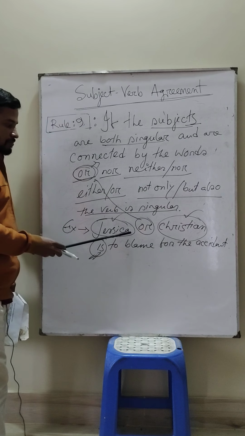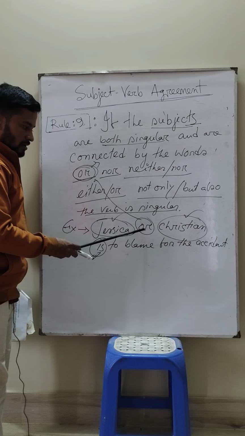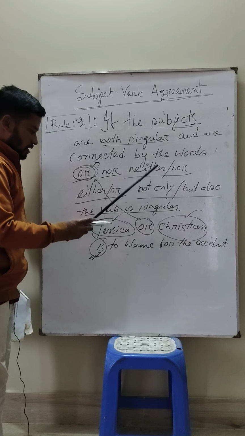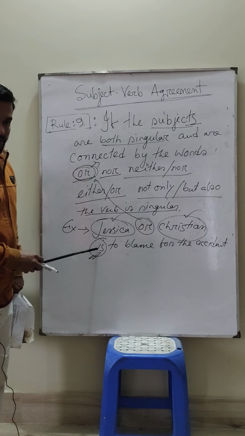However, it is a plural subject, Jessica and Christian, but they are connected by the word "or". So we must use "is" as the verb.